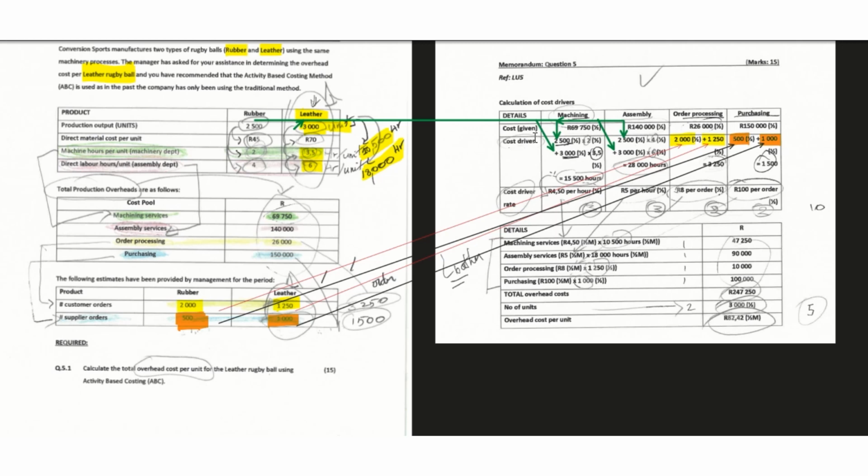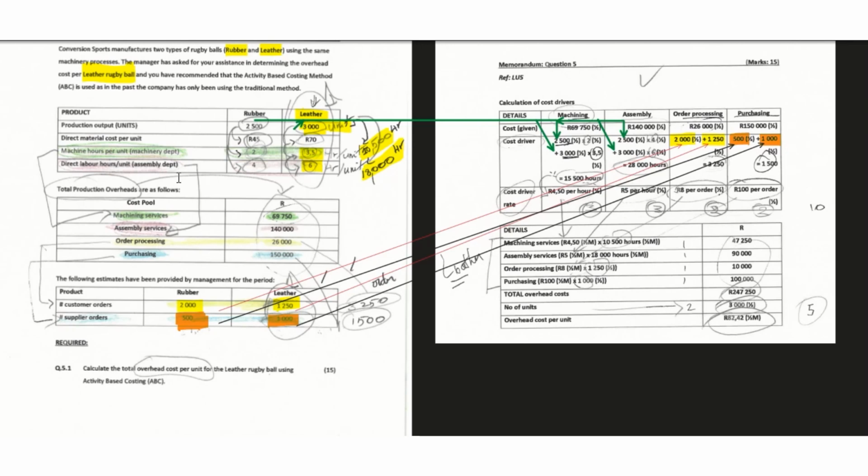For machining, for example, remember the total cost is for both the rubber rugby balls that are produced and the leather rugby balls that are produced. So this total cost covers both productions.